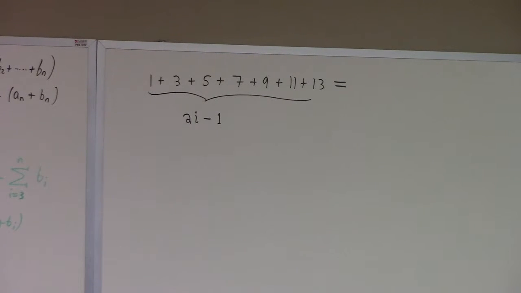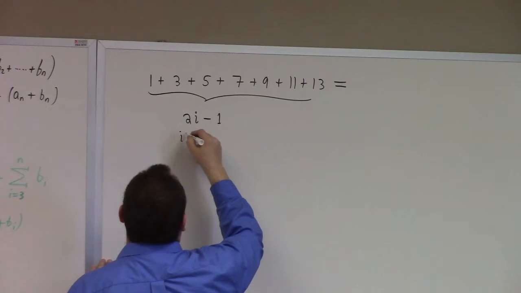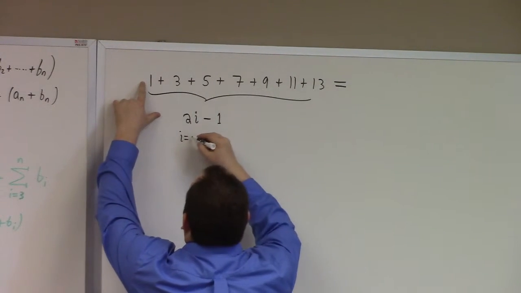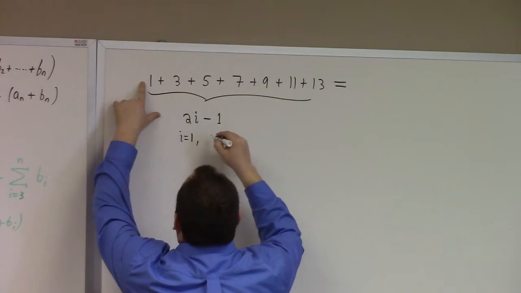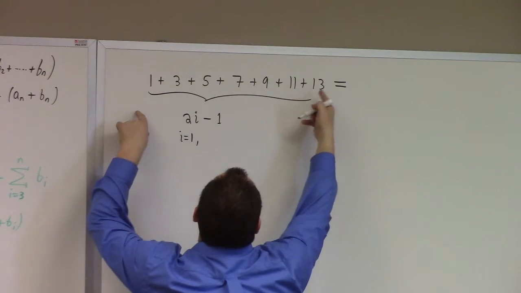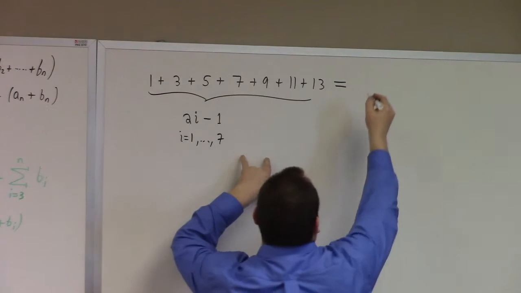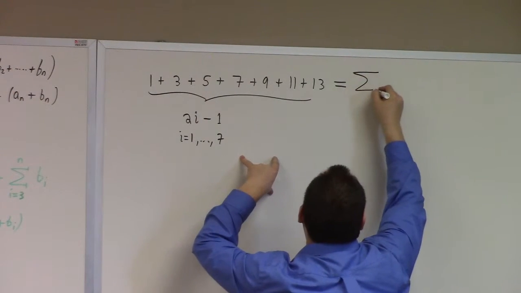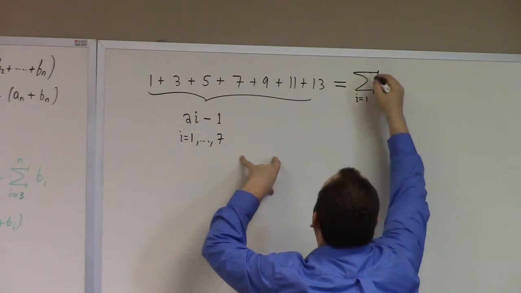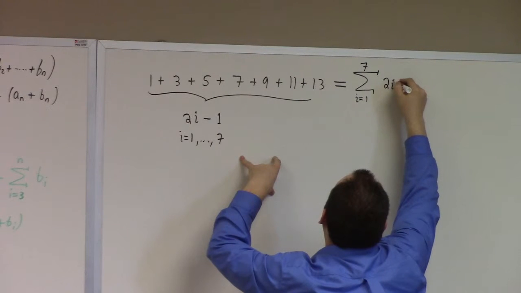And that's for i equals to what? Let's see here. Looks like 1. This is 2, 3, 4, 5, 6, 7. All right, so I can write this as the sum i equals 1 to 7 of 2i minus 1.